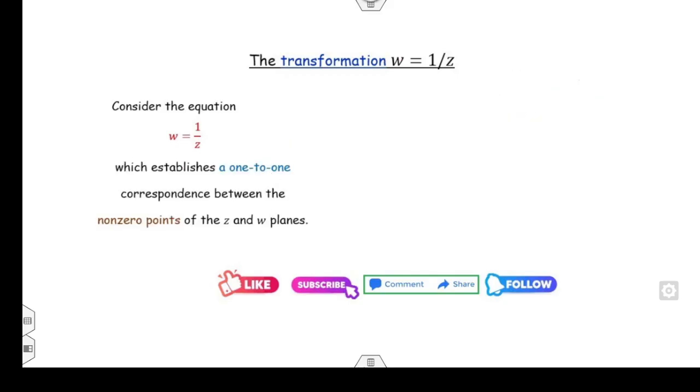What is the meaning of this? If I choose z is equal to r e raised to power i theta, and w I can choose as rho e raised to power i phi. Or you can choose z is x plus i y, w is equal to u plus i v.